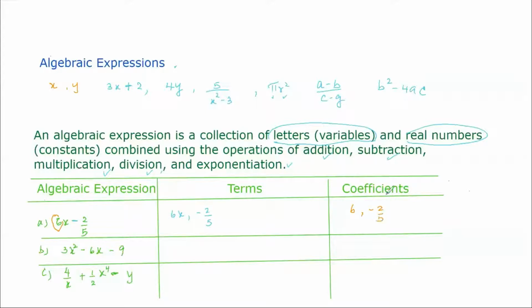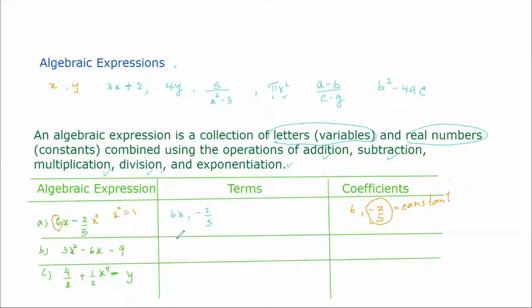Because when you write this pattern, actually we have x power 0 here also, and any number power 0 is always 1, correct? So 2 over 5 times 1 is 2 over 5, but we carry the sign also. So we can call negative 2 over 5 a constant also.